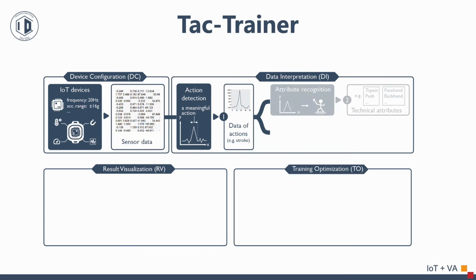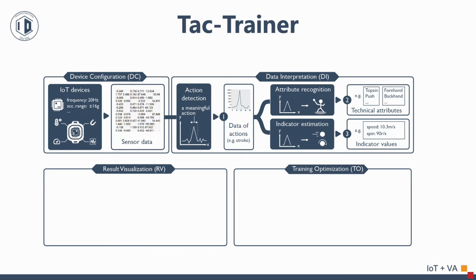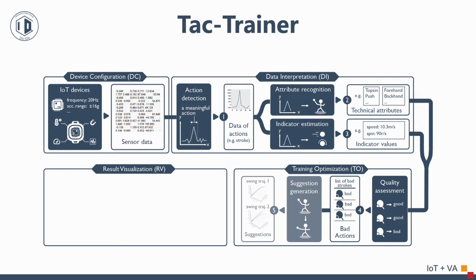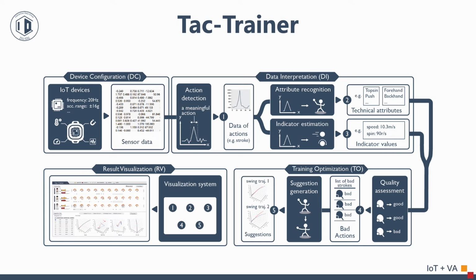Then, it recognizes the technical attributes and estimates the performance indicators of the actions. Training optimization helps coaches assess the actions based on the results of data interpretation and generates optimization strategies for the poorly performed actions.